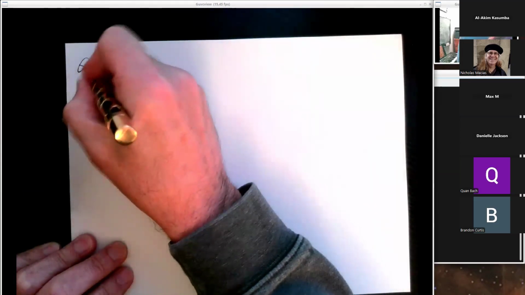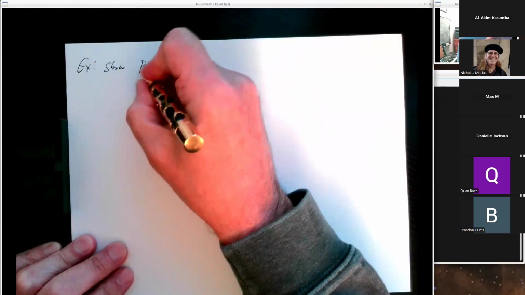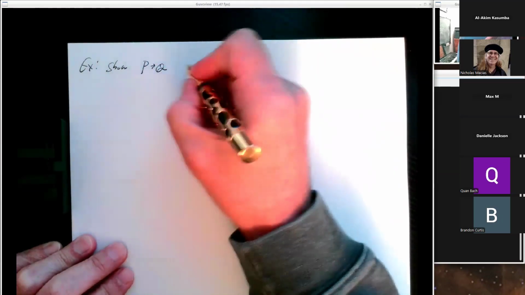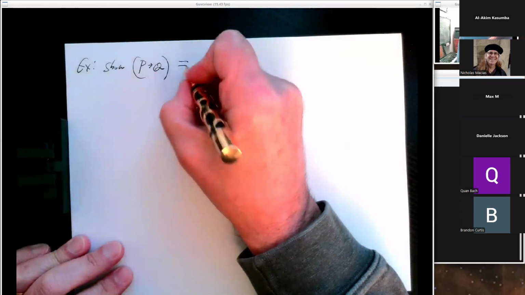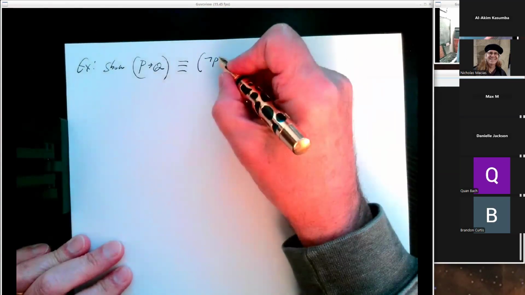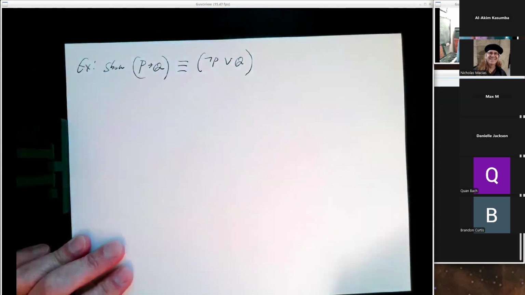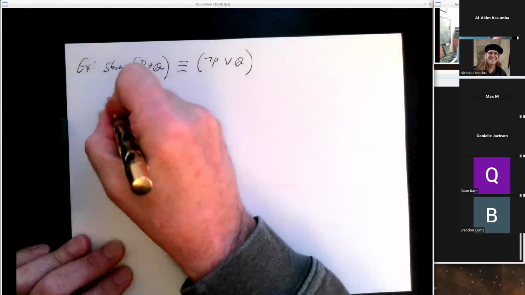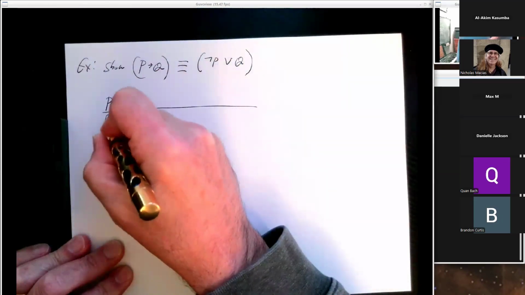So for example, let's show that this proposition, if P then Q, I'm going to add extra parentheses just for clarity, is logically equivalent to not P or Q. And we can do this pretty mechanically.